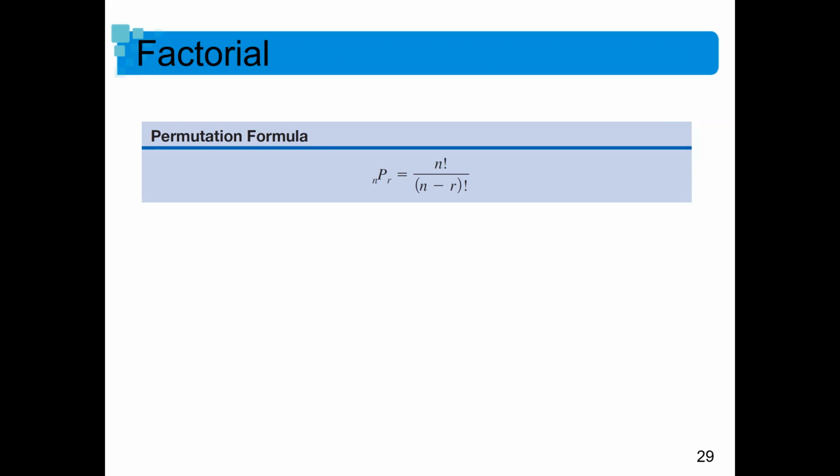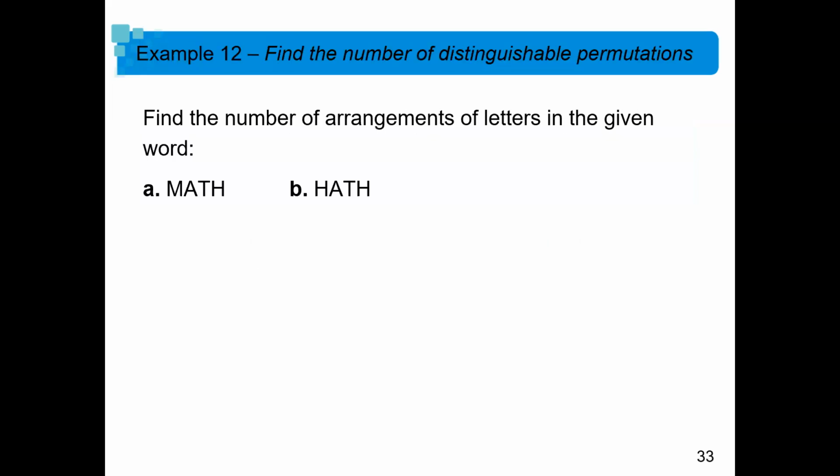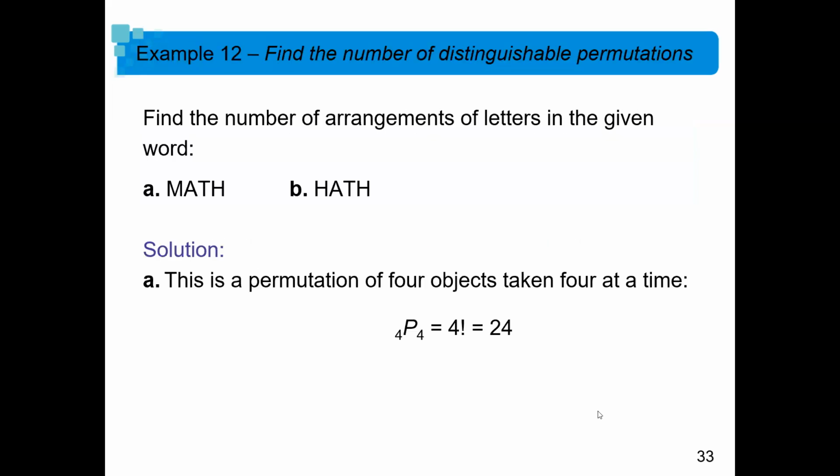And if you recall, 0 factorial is just equal to 1. So that's what happened here. 4 factorial is what's left: 4 times 3 times 2 times 1. Also, this obeys the fundamental counting principle, right? You start with 4 letters, and then after selecting the first letter, you now have only 3 choices of letters left, followed by 2 and 1.